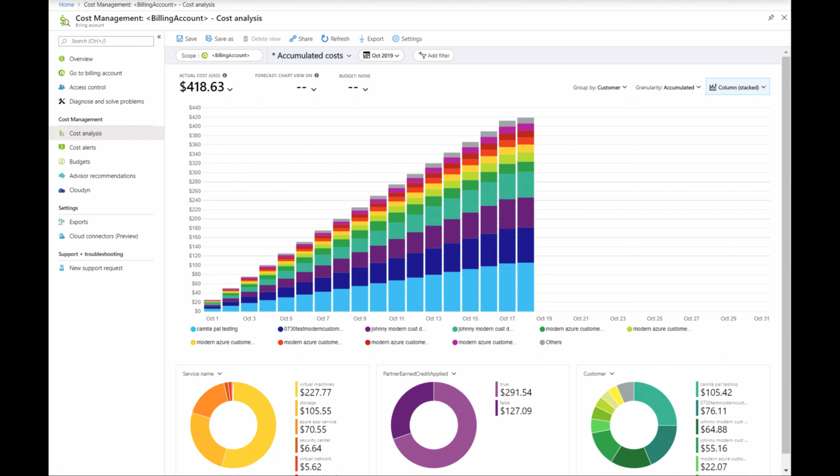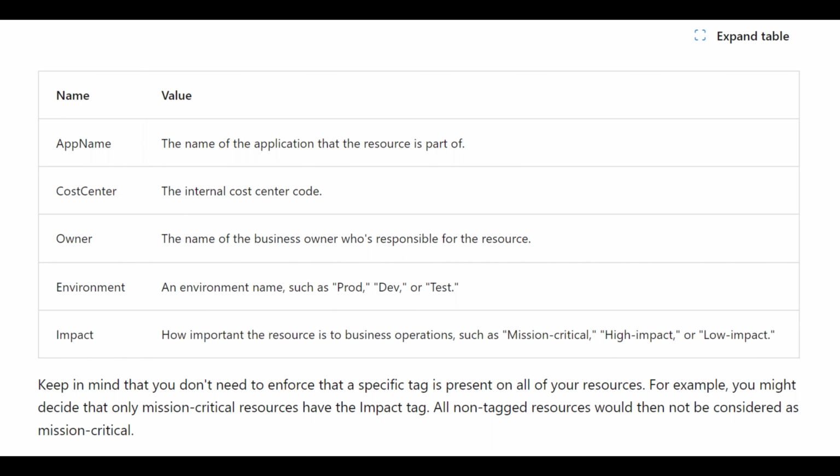So this is all about practice, and definitely we will be doing some practice and sharing the session with you on how to use the price calculator, how to use the total cost of ownership calculator tool, and how to use cost management as well. So guys, next and last is the purpose of tags: why we use tags, and how to use tags.